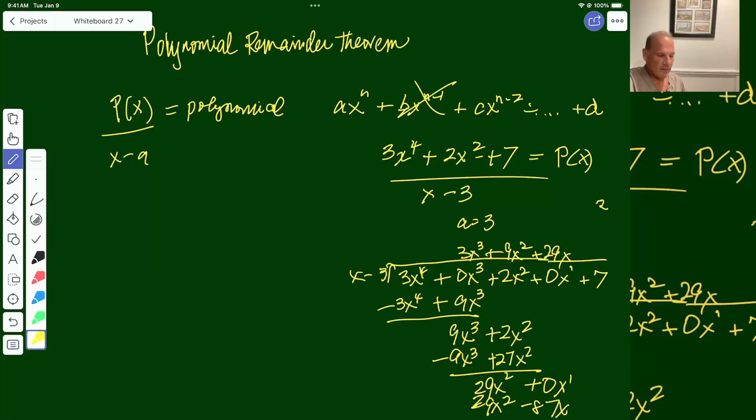Let's just check that. 29 times 3, that's 87. I got that by multiplying 3 times 30 and then subtracting out 3, right? And then that's going to be plus 87x, and then we're going to have 87x plus 7.